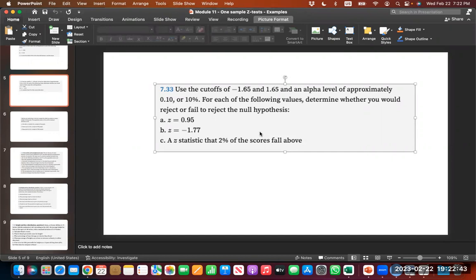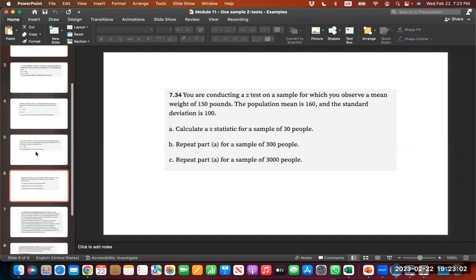Of course, you will reject it. If you have a z-statistic where 2% of the scores fall above, of course, you will reject it because it's less than the 10% that you're willing to accept. So you're rejecting the null hypothesis. So I need a better example.